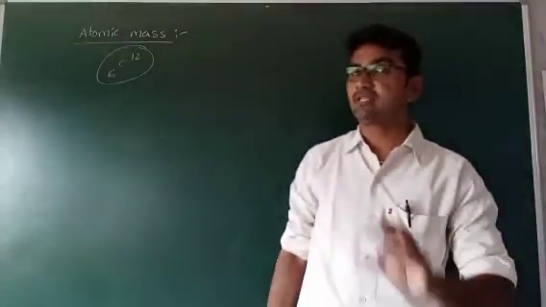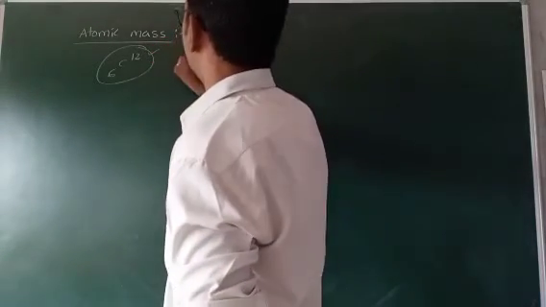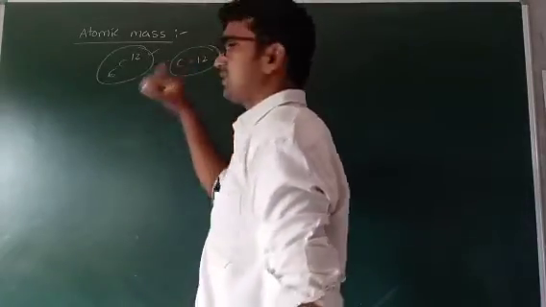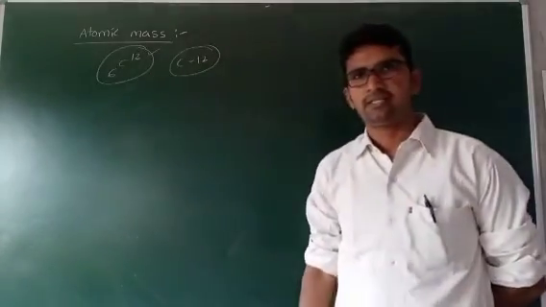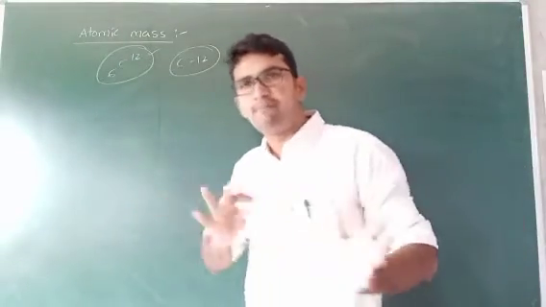Carbon contains isotopes; isotopes means same atomic number but different mass numbers. Only the C12 isotope of carbon is taken, meaning carbon mass is 12. This is taken as the standard to calculate the other elements. It is actually a comparative method.